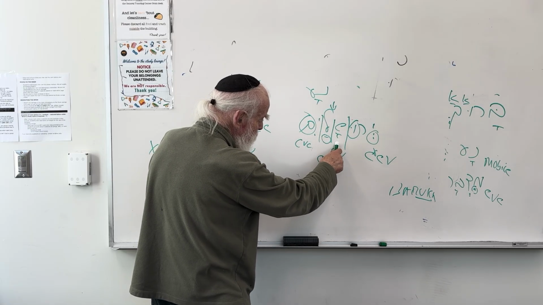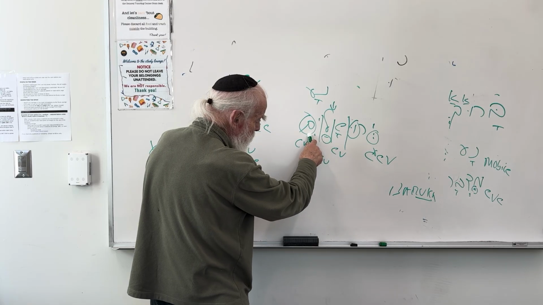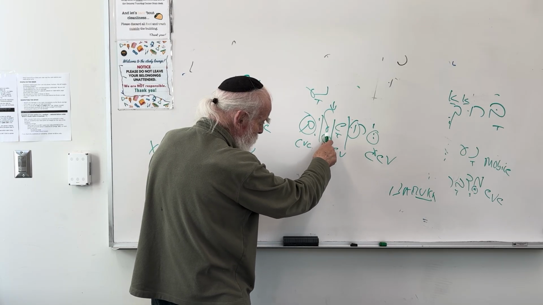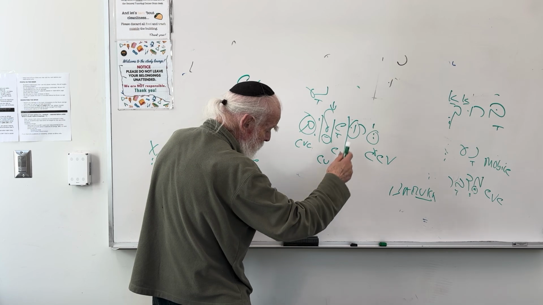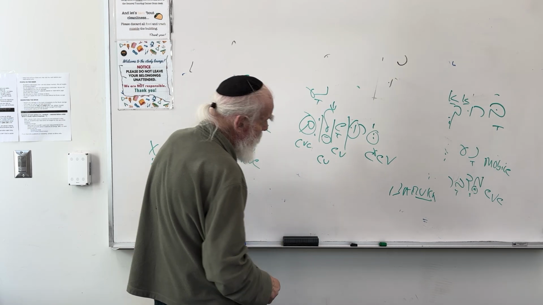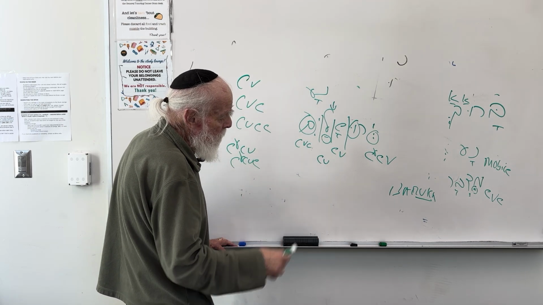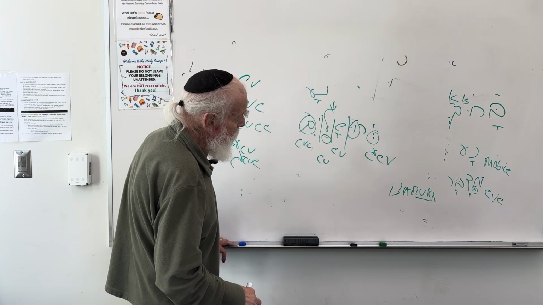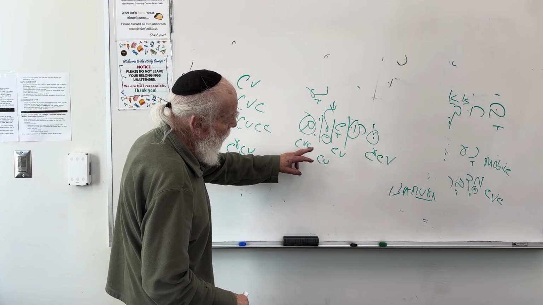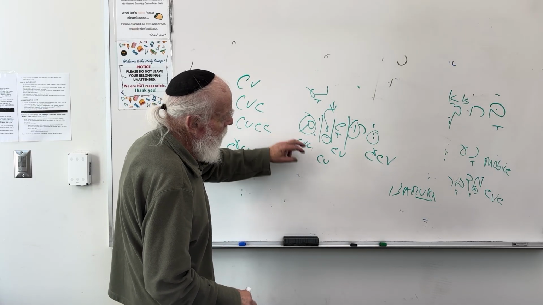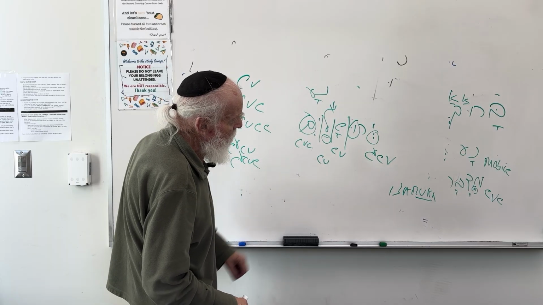The medial kamatz is two places removed from the end, but it's one place removed from the accent, which it has to be. Otherwise, it has to be accented. And the first syllable is CI and CV. The accent, Yerushalayim, not Yerushalayim, Yerushalayim.